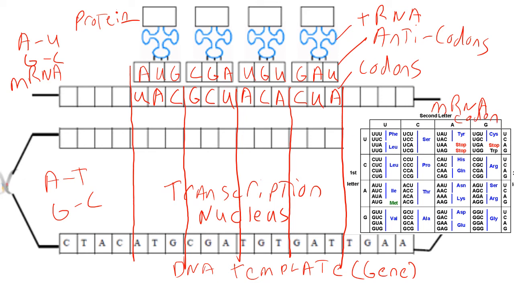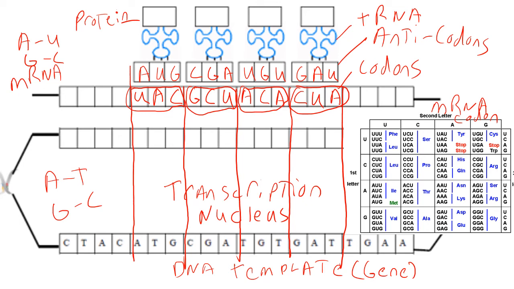So we need to use these letters. Always remember, it is the mRNA that is used to code for the amino acids, not the tRNA. Please keep that in mind. That's a silly mistake that costs people a lot of points.